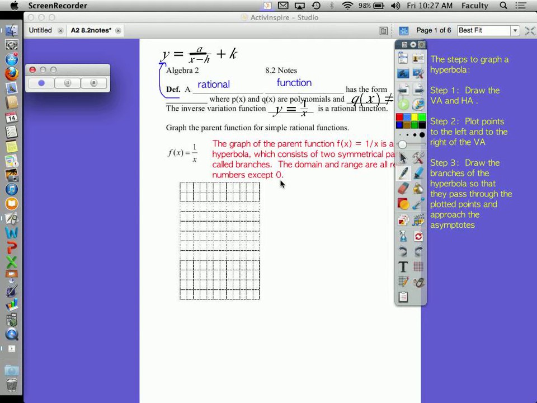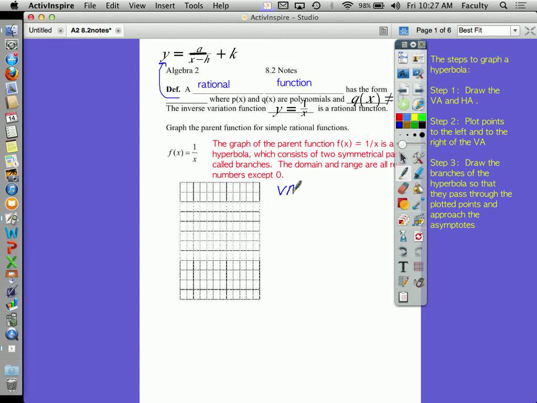Now if you want to draw or graph a hyperbola, step 1, you start with the vertical and horizontal asymptote. So in this form, for the horizontal asymptote, the horizontal asymptote is y equals k. So let's write this up here.